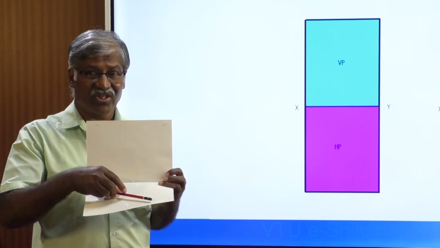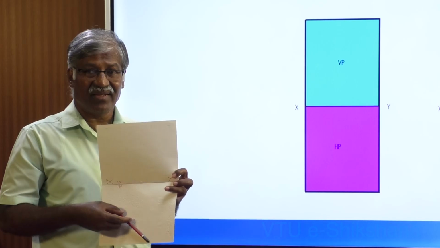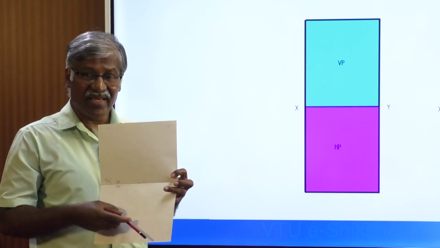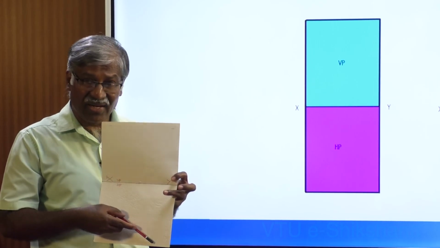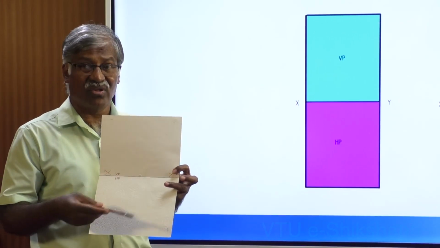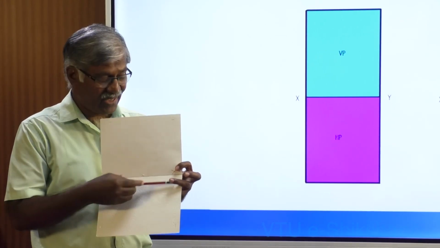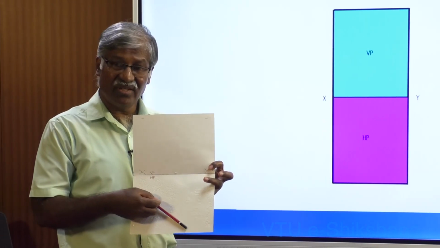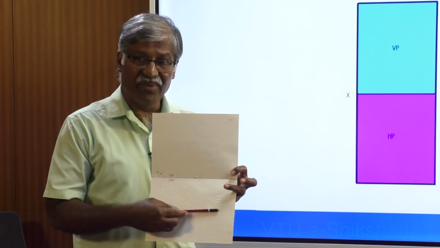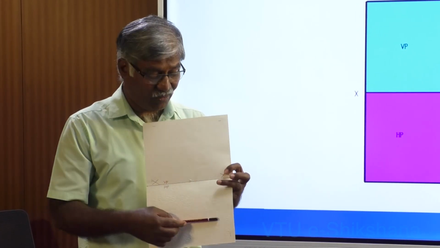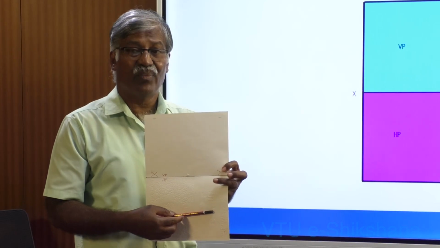Then you will get the projection on HP and rotate, and you will get the inclined line. This inclined line is inclined to VP. I have to address the VP, not the area, here the XY line. So projection is to be addressed with the XY line. Similarly, if I keep it like this, then this becomes parallel to VP. So here the projection is this, and you will get it parallel to the XY line.